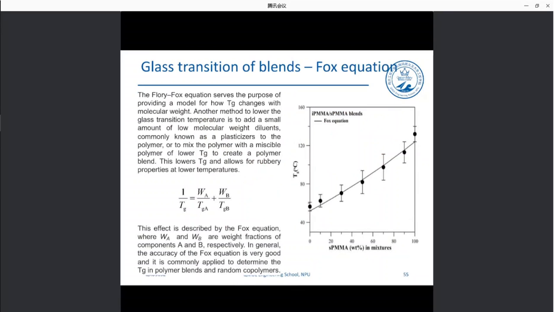Okay, and in order to have a theoretical equation that can provide us with the value of the glass transition temperature for miscible blends, only for miscible, we have the Flory-Fox equation. And what does it tell us?